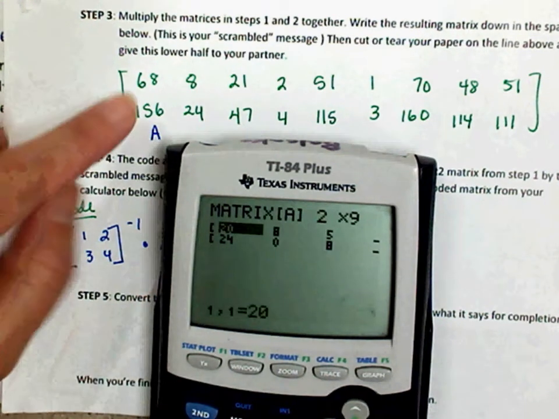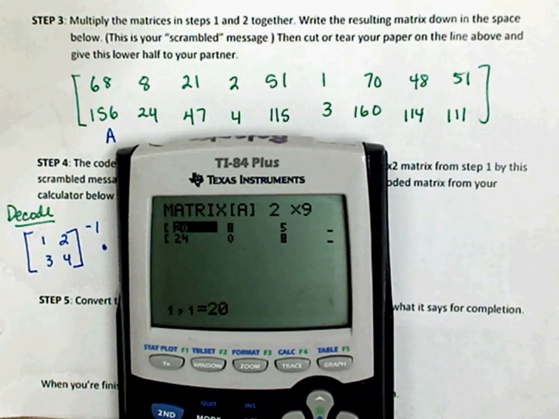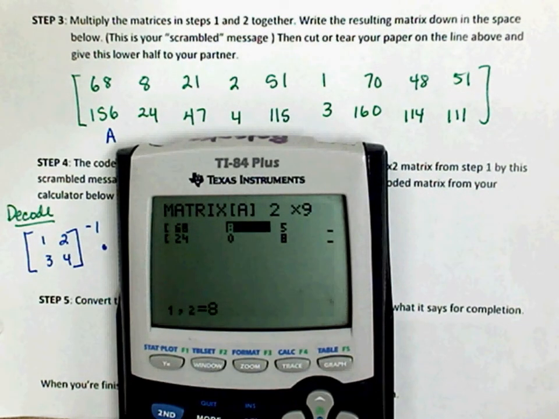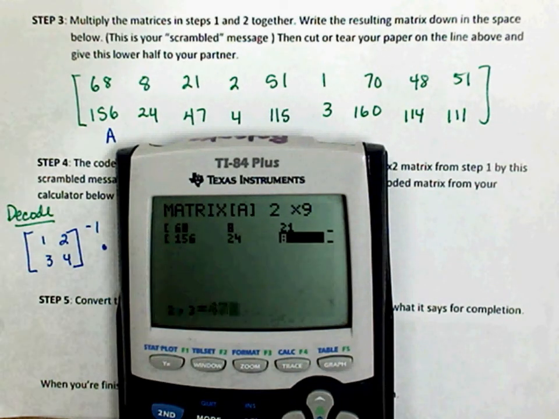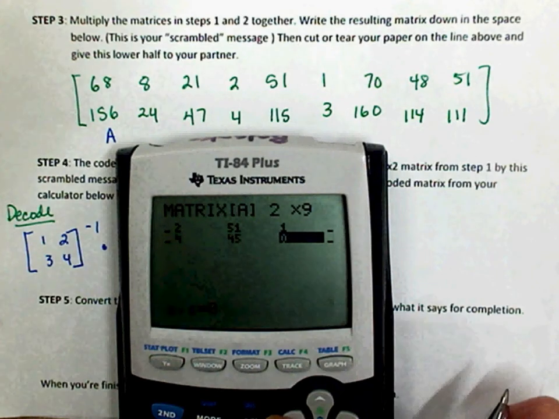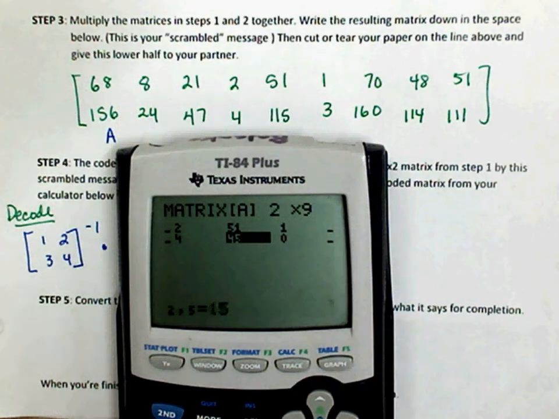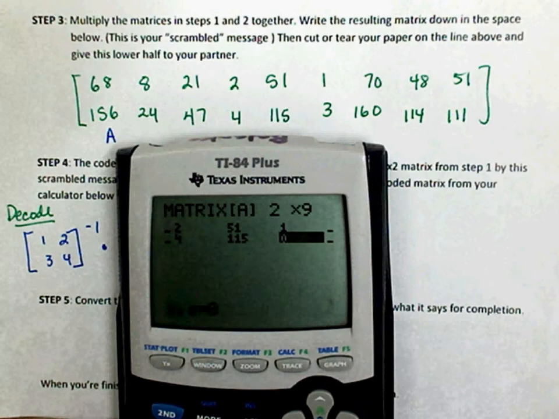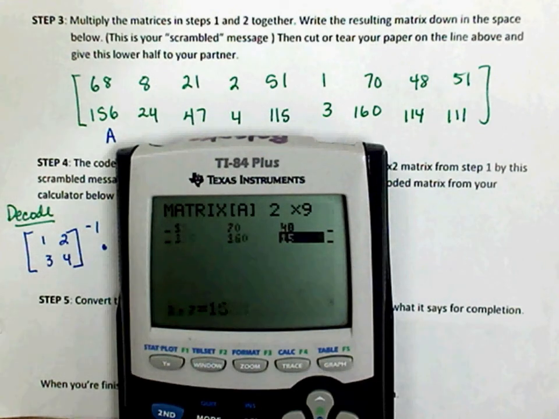Remember, you push enter after each entry, otherwise it's not going to go over. This is not the shortcut method, this is the long method, but this one can work for how many ever columns. Oops, that's 115, not 45. That would have messed us up. And if you just miss on one number, that just means you probably typed something in wrong, okay?